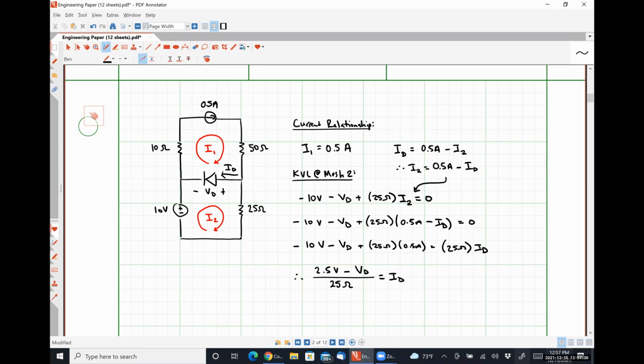All right, so there are two different ways that we can get a value for VD and ID. The first way, which is talked about in your textbook, is a graphical analysis, where we would plot this function and our Shockley relationship on the same axis and see where they intersect.